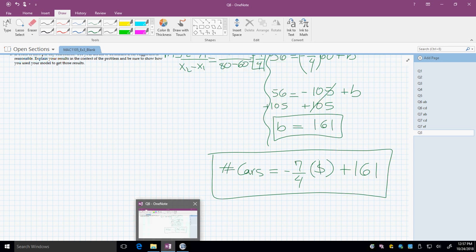So part B is asking how many cars will be rented at $68 per day. The number of cars equals negative 7 over 4 times $68, plus 161.